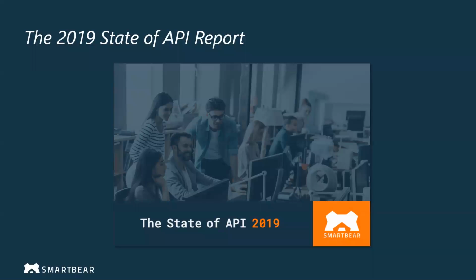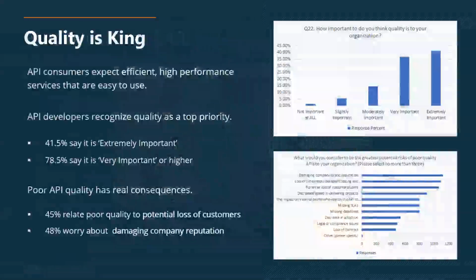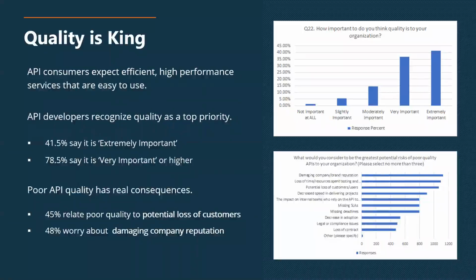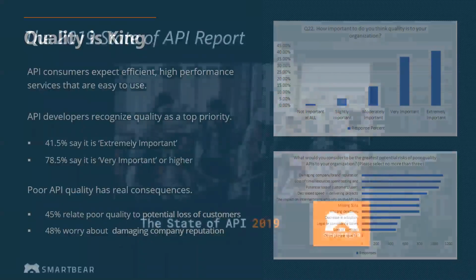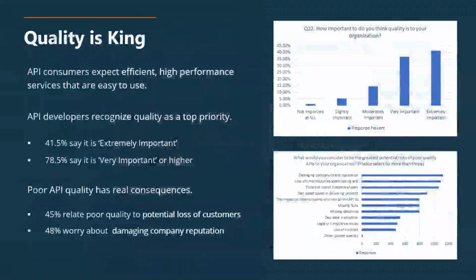So if we take a more in-depth look into this, one thing that was evident from this report is that quality is king. And this kept coming up. It was the same the year before, but with regards to API consumers, they were expecting efficient, high performance services.